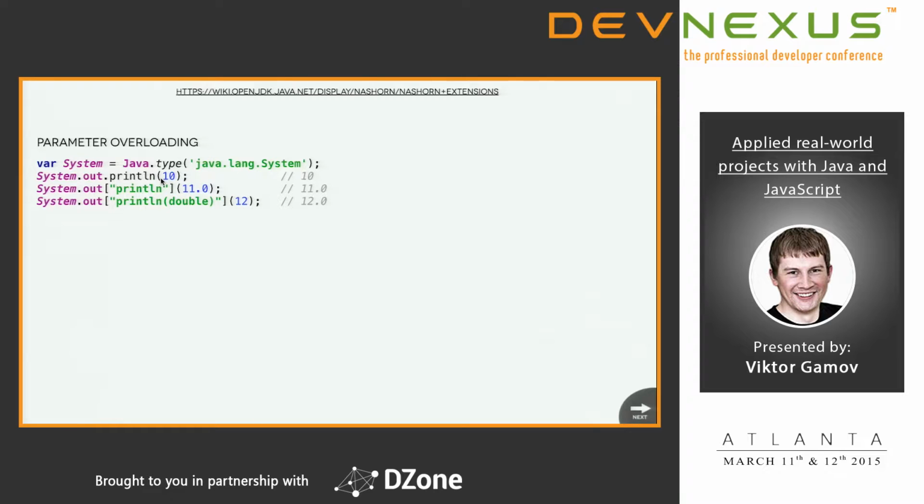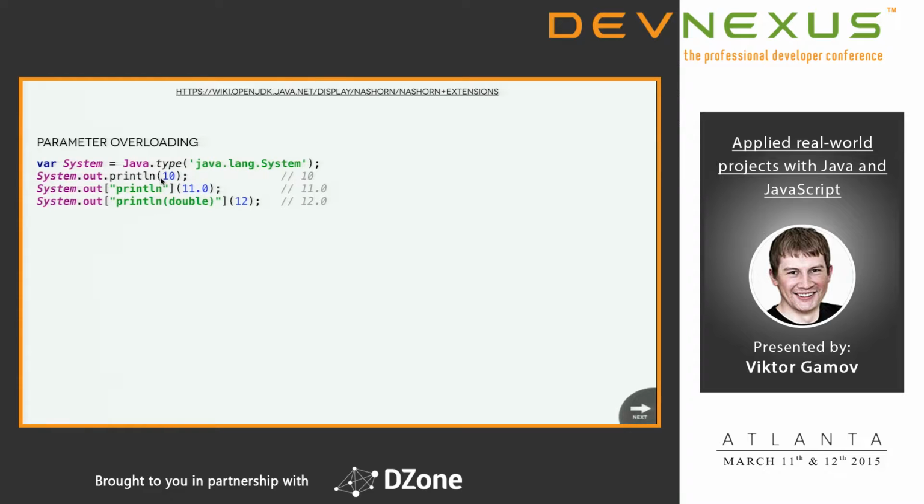In this case, Nashorn provides this global object called Java, and compared to Rhino, where it was Packages or something, Java.type will allow you to load a class definition inside your Nashorn context. So in this case, we're storing the object java.lang.System inside the object System, and now we can do all these crazy things that I showed you on my previous slide.